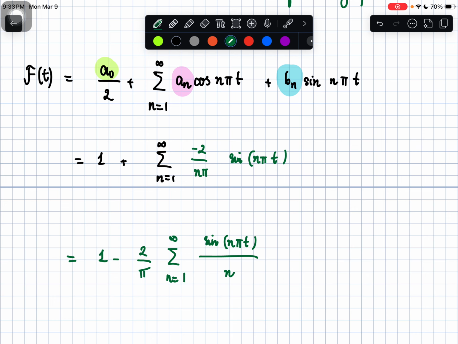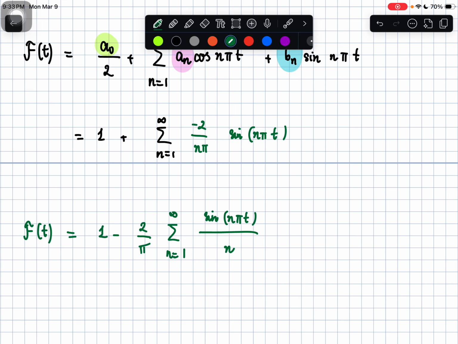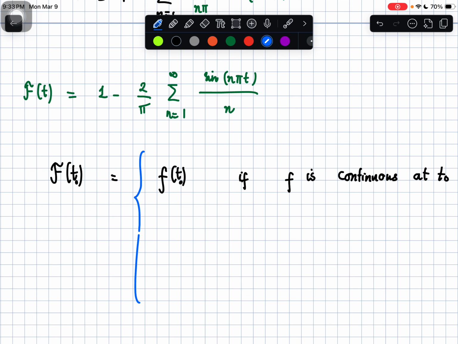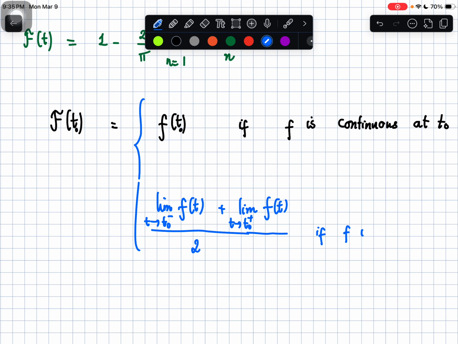Now this is the Fourier series of f, and the Fourier series of f converges to f(t0) if f is continuous at t0, and converges to the average of the limit of f(t) as t tends to t0 from the left plus the limit of f(t) as t tends to t0 from the right, if f is discontinuous at t0.